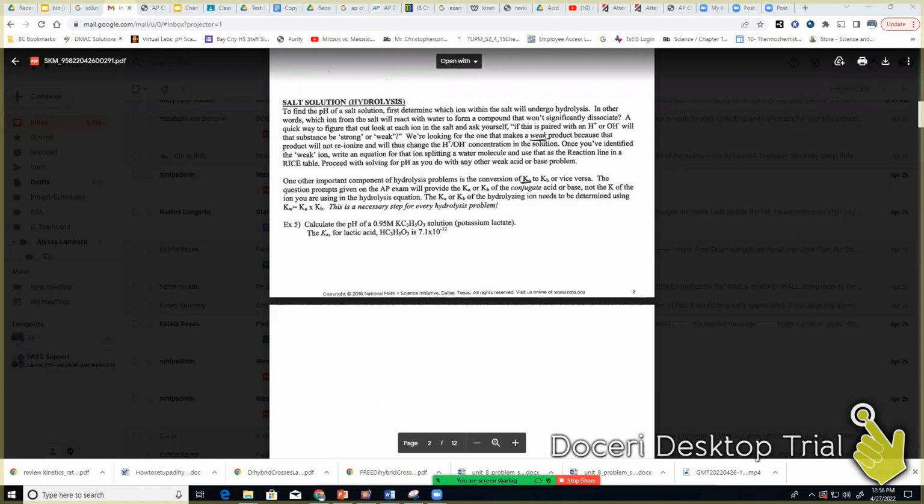That's where you have to use 1 times 10 to the negative 14. Water's constant is equal to Ka times Kb. On quite a few of them, you'll have to get the Kb to actually use in your problem. That is a necessary step for hydrolysis problems.